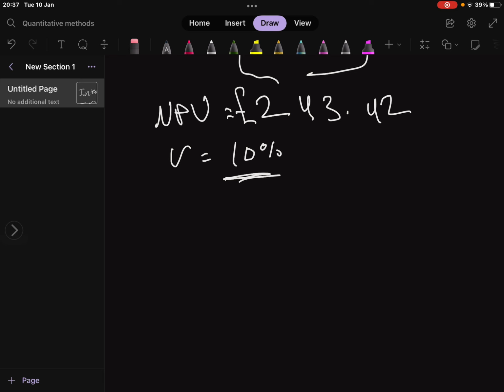We will try a larger required rate of return, or a larger discount rate, in order to make that net present value a smaller number. So we can say, for example, I will try with R equals 15%.